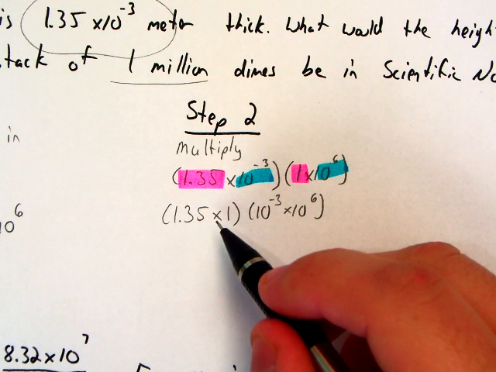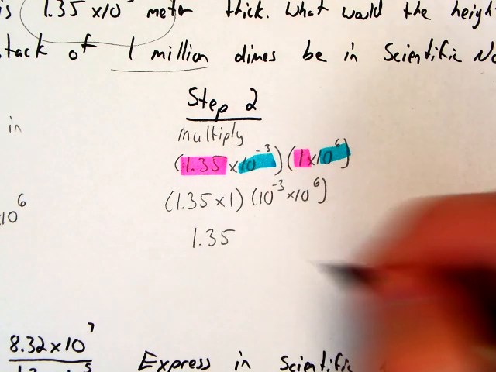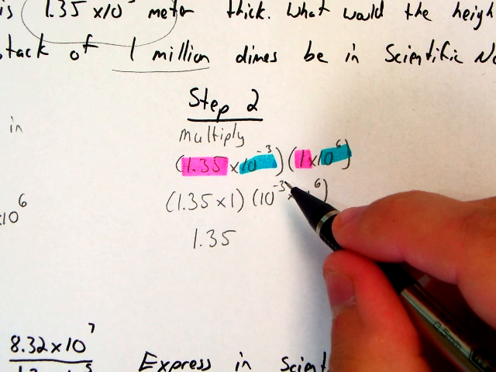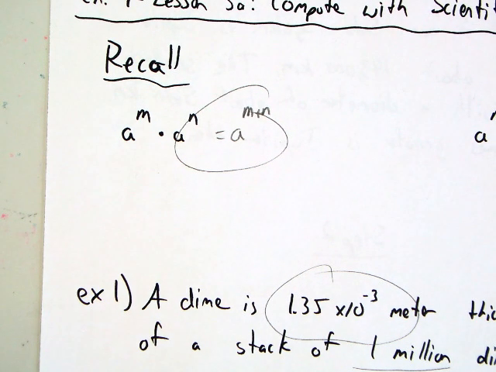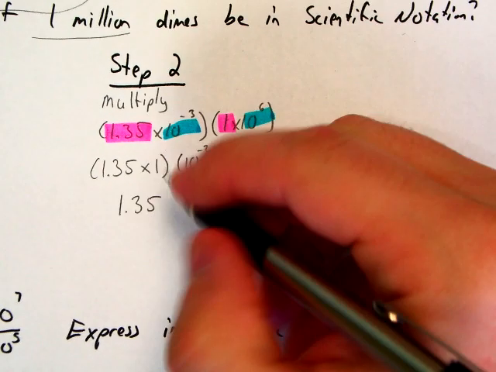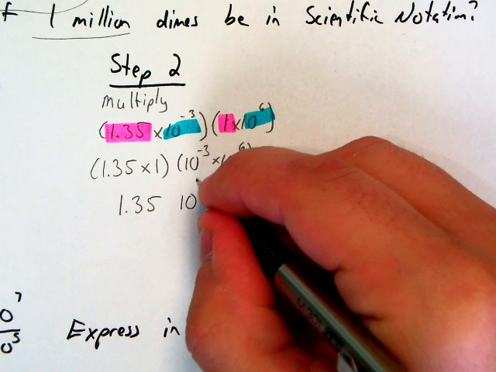So 1.35 times 1 is 1.35. 10 to the negative third times 10 to the sixth, that's going to be using this property here. The bases are the same, so I'm going to add the exponents. Negative 3 plus 6 is 3.